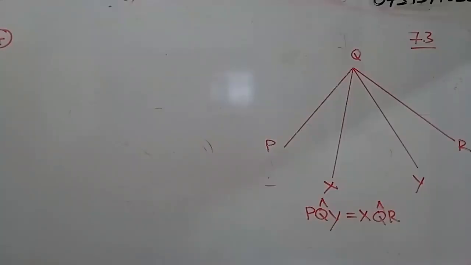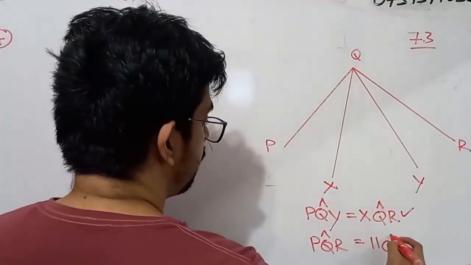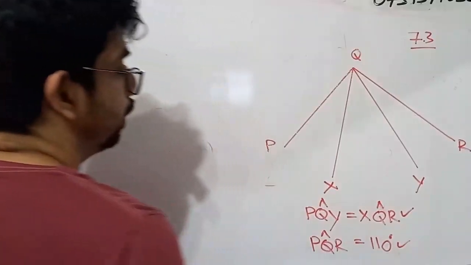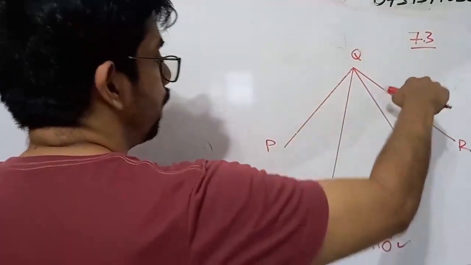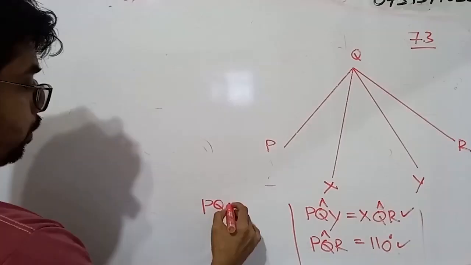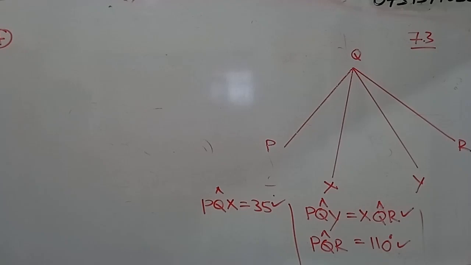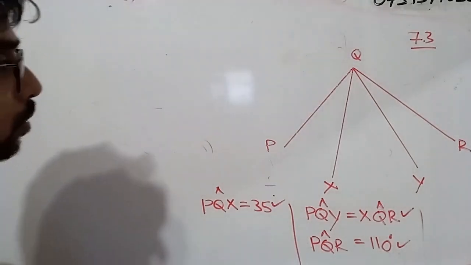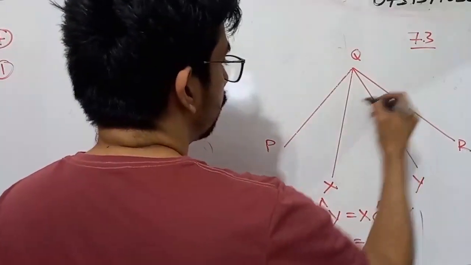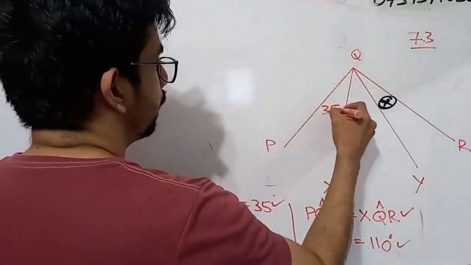If PQR is 110 degrees, so this is given, that means this whole angle is 110 degrees, and PQX is 35 degrees. Find the magnitude of RQY. So what is RQY? This angle, no? RQY. PQX is 35 degrees, so we will mark it.